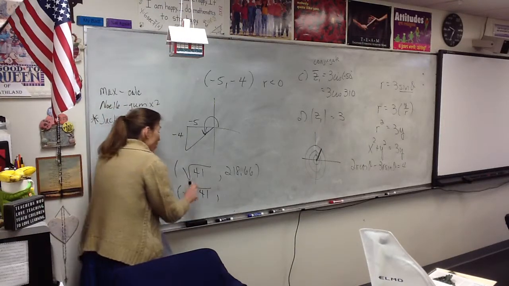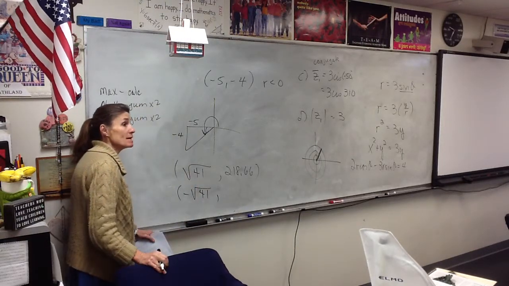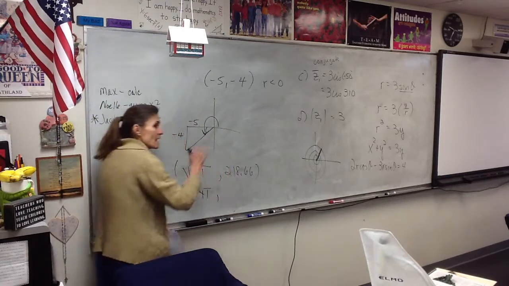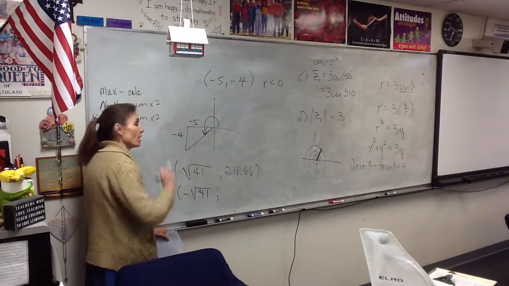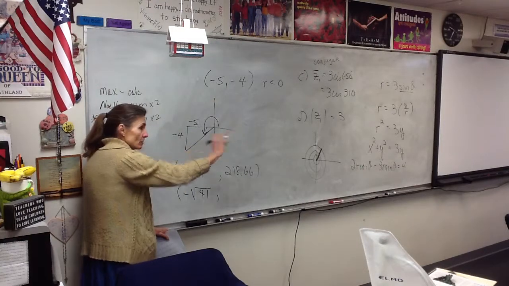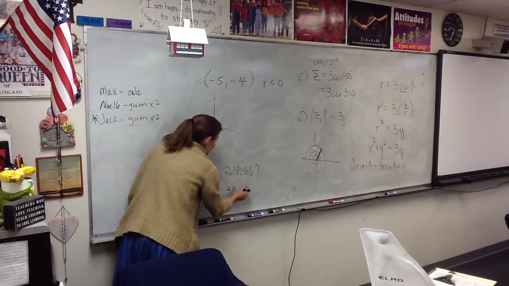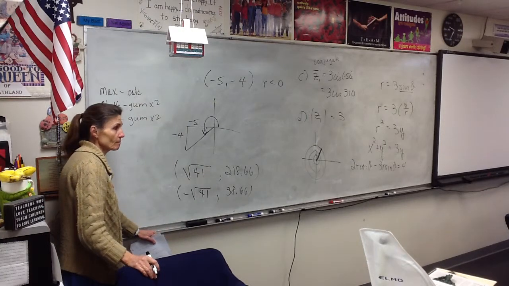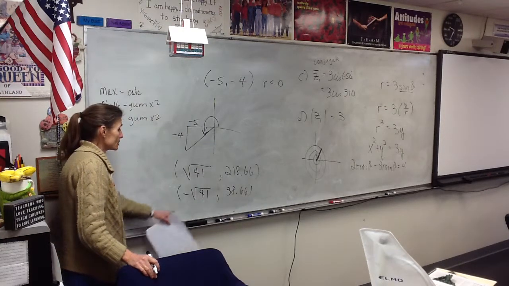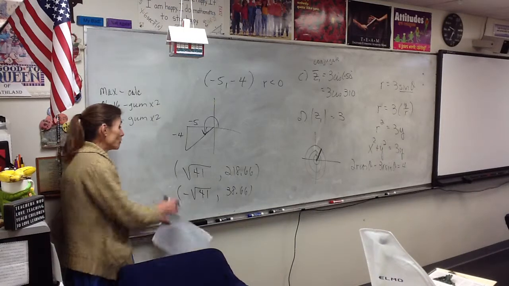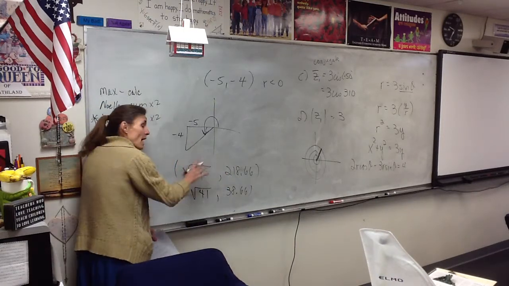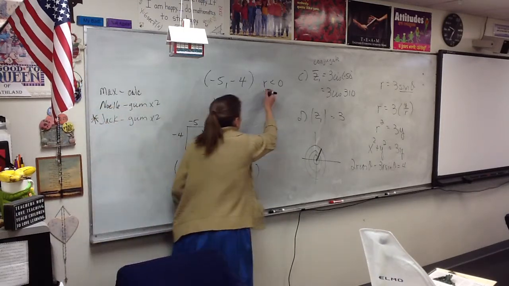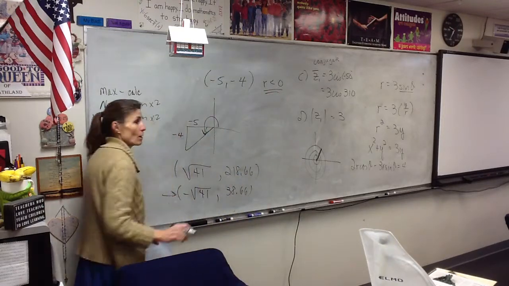And making R negative means what to the angle? Across 180 degrees. So it would go back to 38.66. So both of these are the same point. They are both absolutely correct. But because of this, we need this form right here.